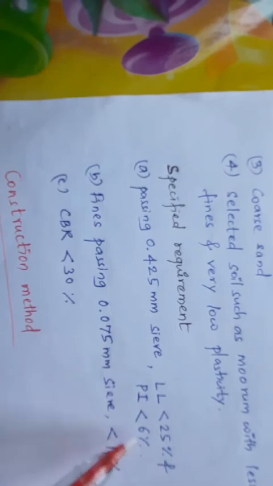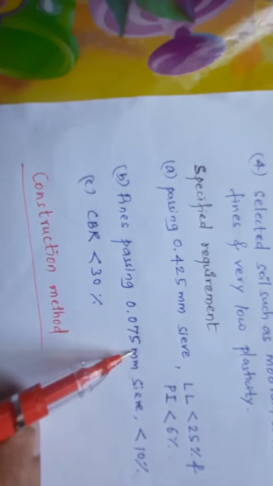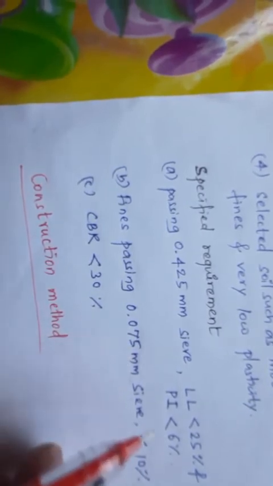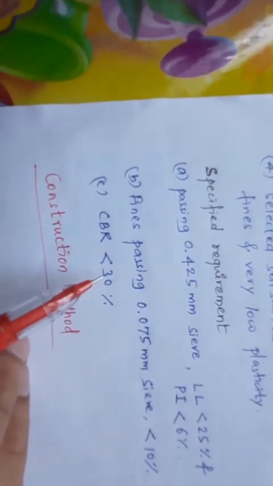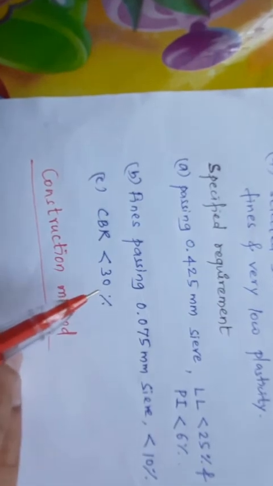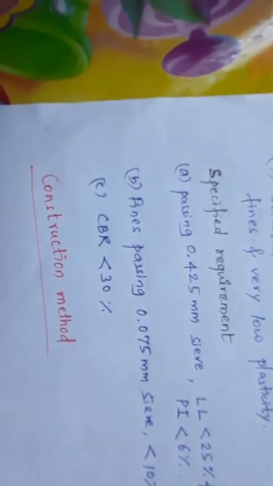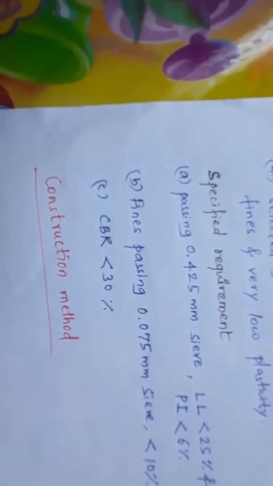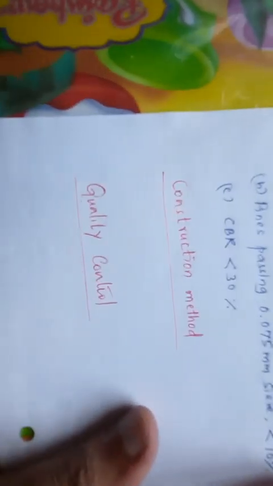The fines passing 0.075 mm or 75 micron sieve should be less than 10%, and the CBR value should be not less than 30% for important highways or heavy traffic, and not less than about 20 to 25% in case of other conditions. Clear? So let us see how it is constructed.